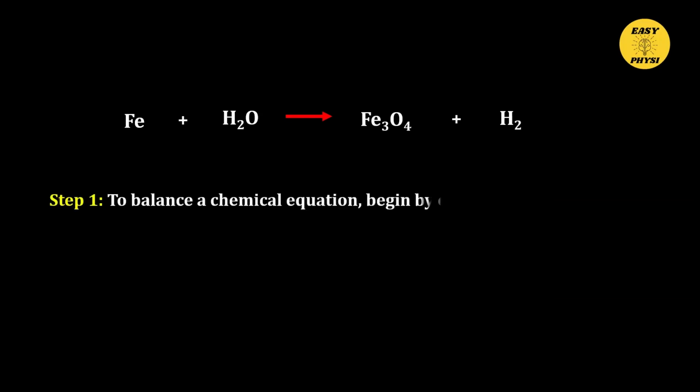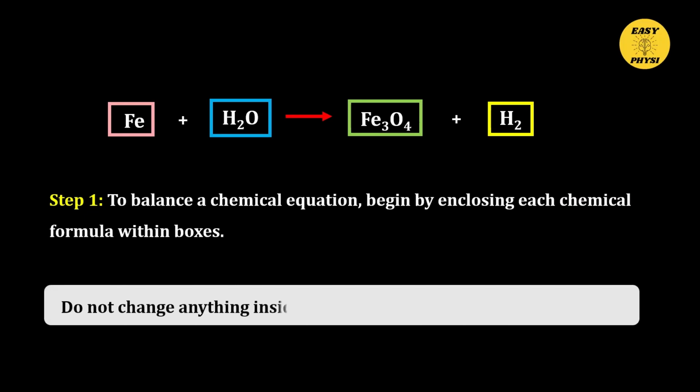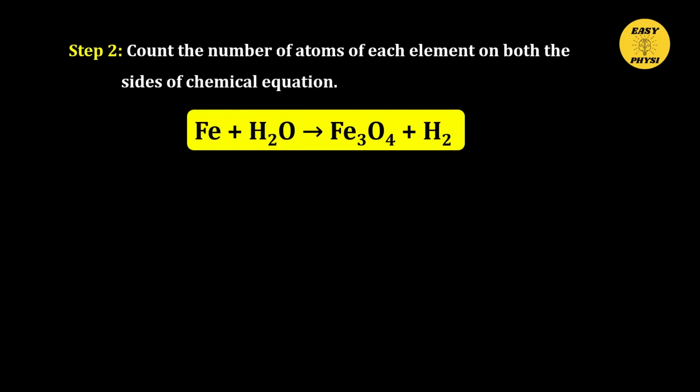Step 1: To balance a chemical equation, begin by enclosing each chemical formula between boxes. Do not change anything inside the boxes while balancing the equation. Step 2: Count the number of atoms of each element on both sides of the chemical equation. So Fe plus H2O gives Fe3O4 plus H2.